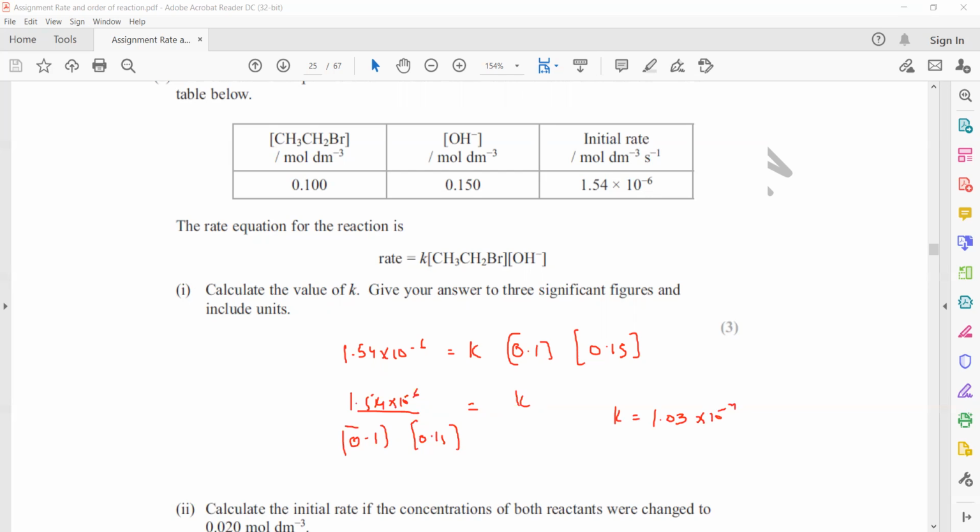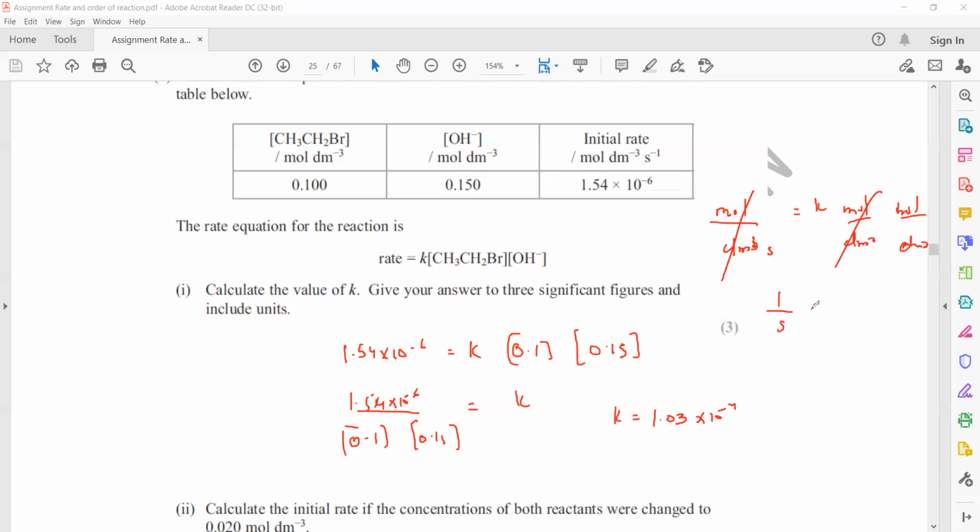Then what about the unit? How can we work it out? Overall it is second order, but we can work out the unit for K. As we know, the unit of the rate is mole per dm cube second. Concentration is mole per dm cube. The other concentration will also be mole per dm cube. This mole per dm cube cancels with mole per dm cube.